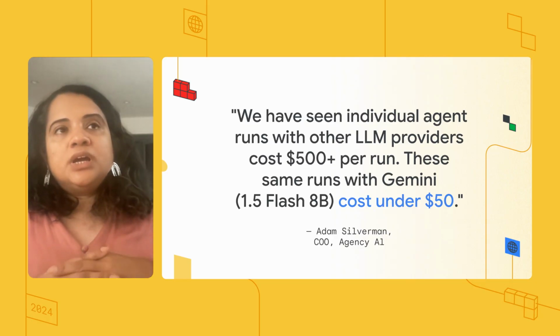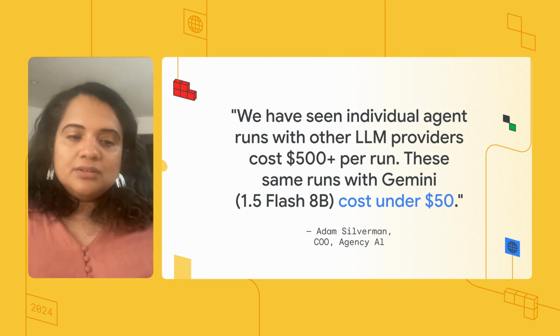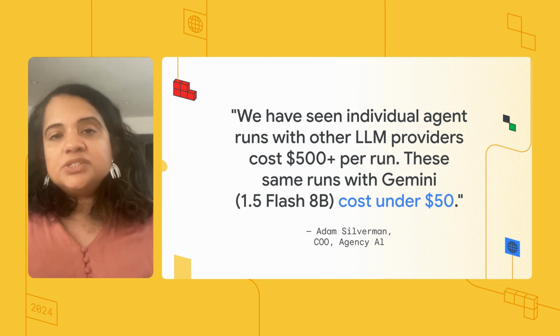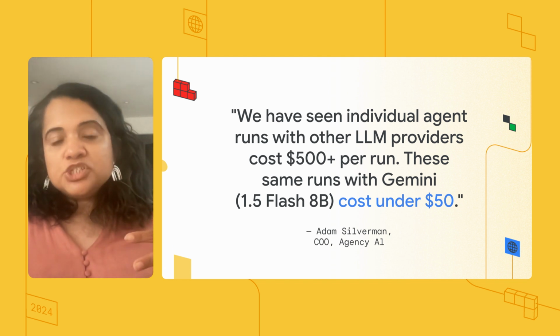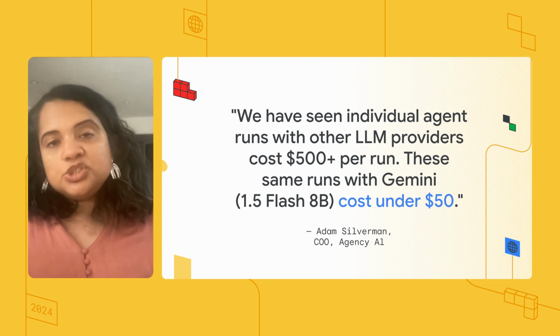Here's a quote. Agents are going to be really relevant in 2025. And here's a quote from Agency AI, which is building an agent ops platform. They find that when they use 8B, the cost of an individual agent run drops by an order of magnitude.